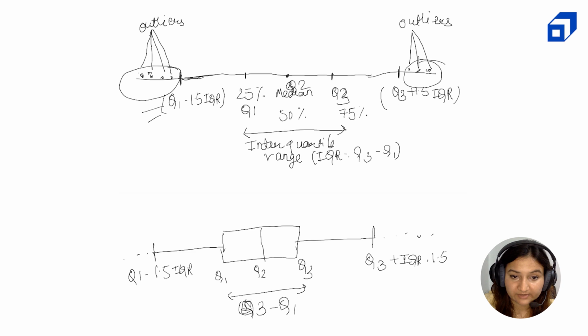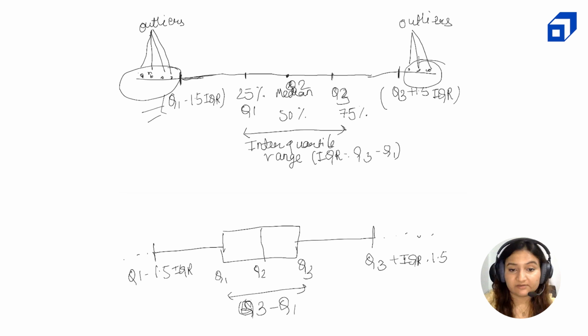Any data points which are out of these boundaries are referred to as outliers. These data points which you see out of the boundary are definitely outliers, and we want to remove these kinds of data points from our data set.